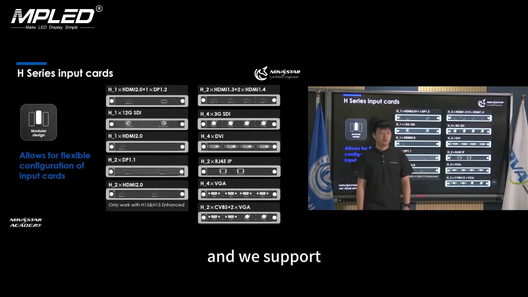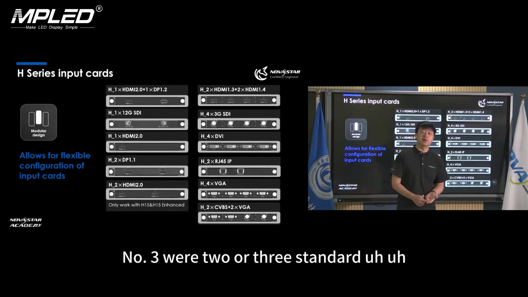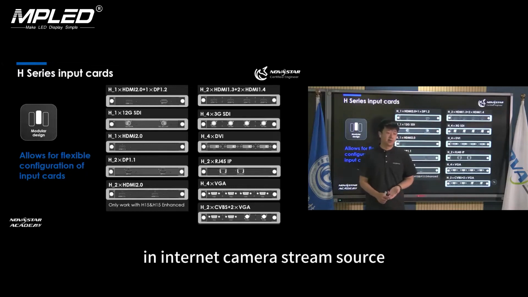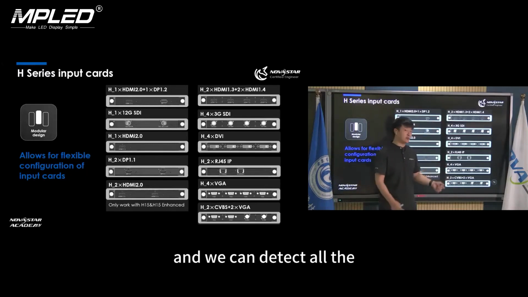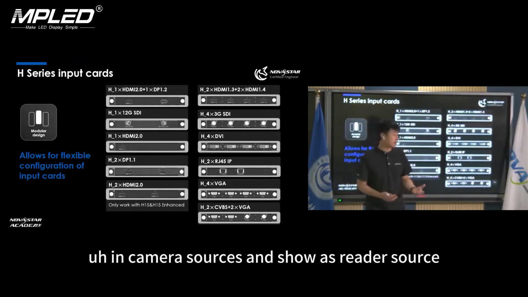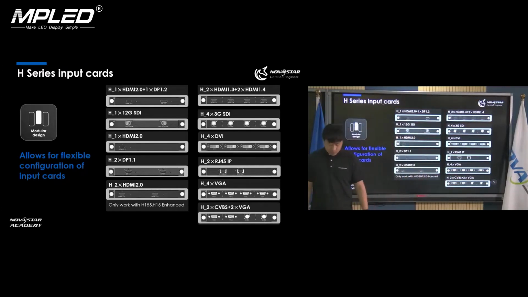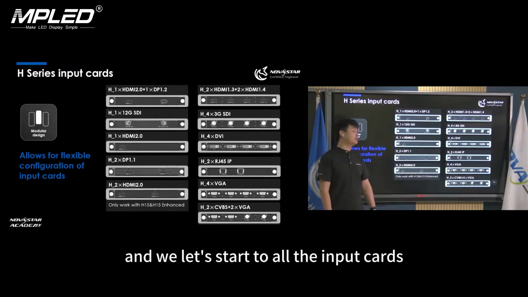We support RTSP and ONVIF standard internet camera stream sources, and we can detect all the camera sources and show them as video sources. And then for the analog signals, there are VGA and CVBS connectors. And that's all the input cards.